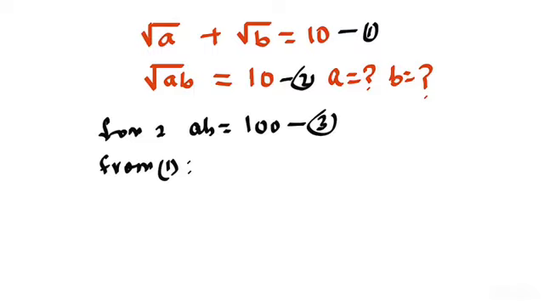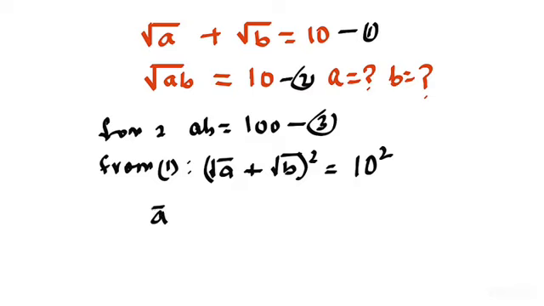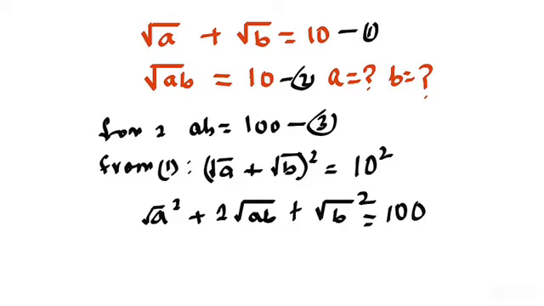Then the next thing we're going to do is square equation 1. If you square root A plus root B, all squared equals 10 squared. This is a perfect square. We're going to have root A squared, plus 2 root AB, plus root B squared, equals 100.